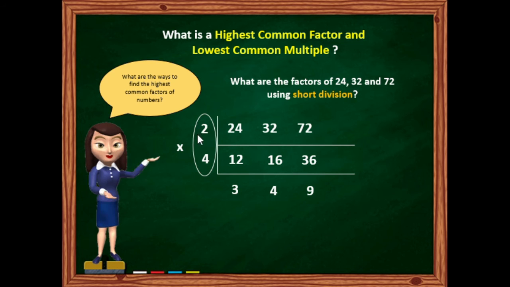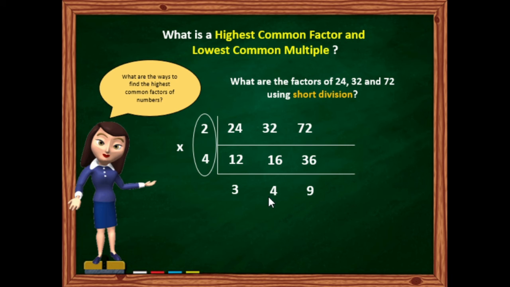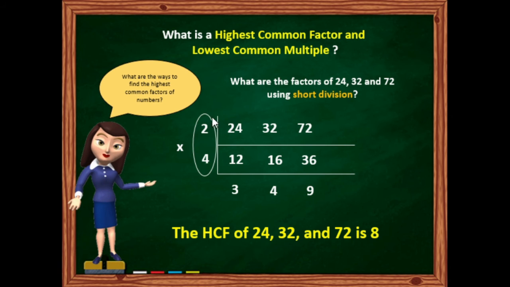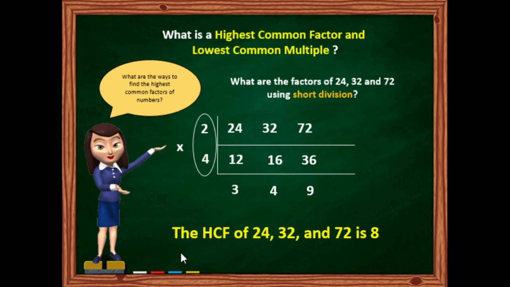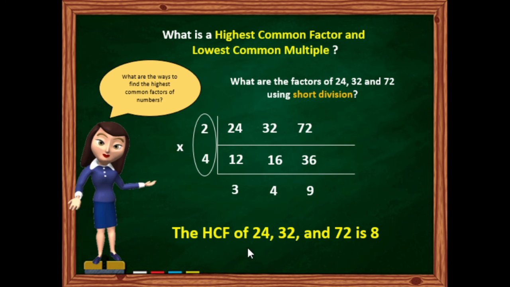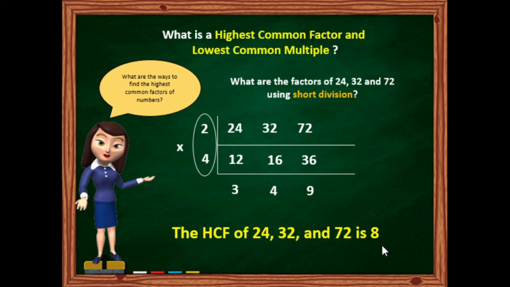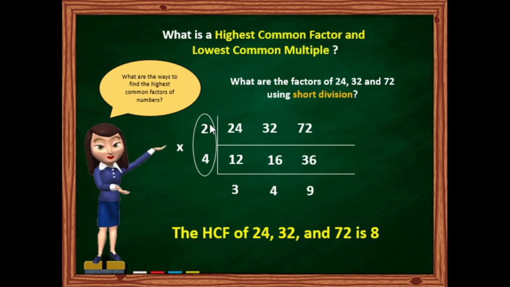The highest common factor of 24, 32, and 72 is 8. You multiply the numbers 2 and 4. Again, the HCF of 24, 32, and 72 is 8. You got 8 when you multiplied 2 and 4.